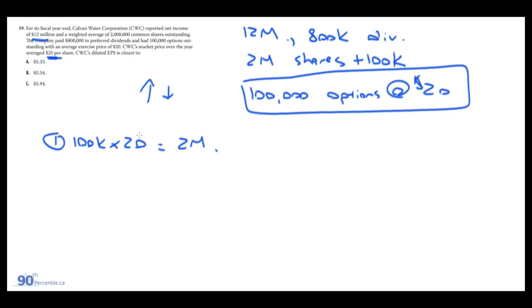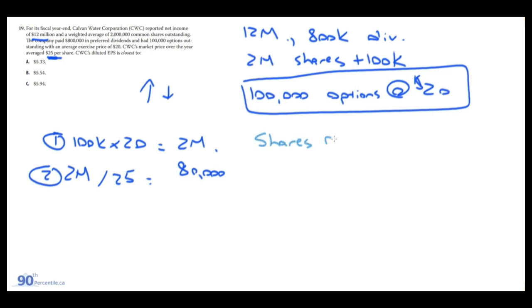And to repurchase shares now, they're going to take this 2 million and divide it by the 25 per share. And we're going to calculate how many shares they can repurchase in the open market. So 2 million divided by 25 is 80,000 that they're repurchasing.